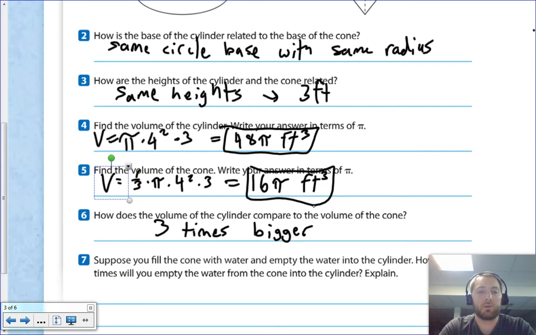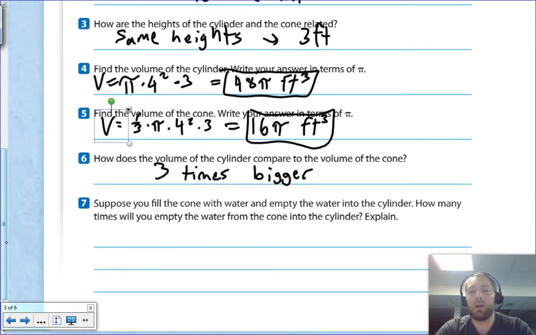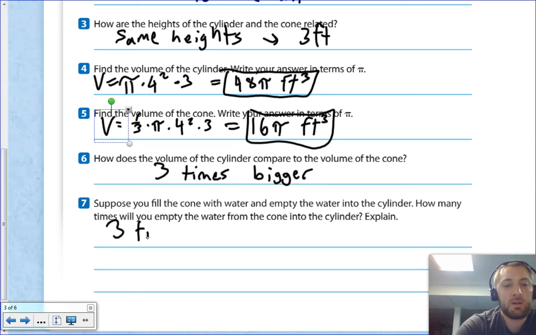So number 7, well, here we go. Number 7, suppose you fill the cone with water and empty the water into a cylinder. How many times will you empty the water from the cone into the cylinder? Explain. And that would be exactly the same thing, 3 times.